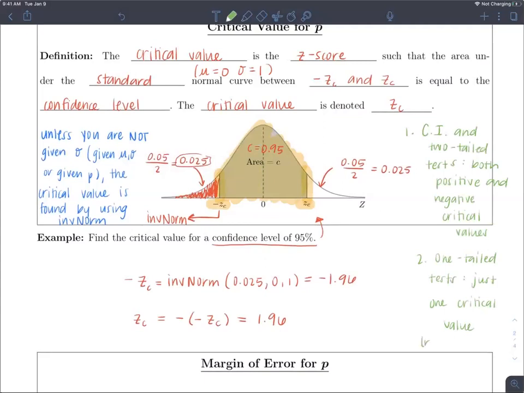So right would be positive, left would be negative. All right, so are there any other questions about critical values before we move on to margin of error?